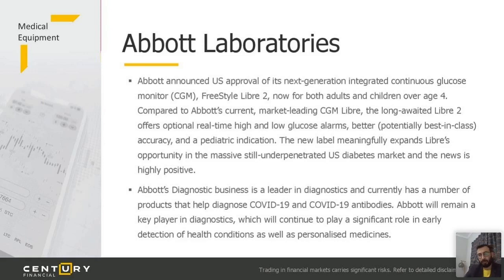To make it simple for everyone, this laboratory has received the approval to go ahead with the continuous glucose monitor, which will be able to alarm you whether the glucose levels are high or low, or if they're going low. Now, this is something, again, in the US diabetes market, which is still under penetrated. It is a very positive news.